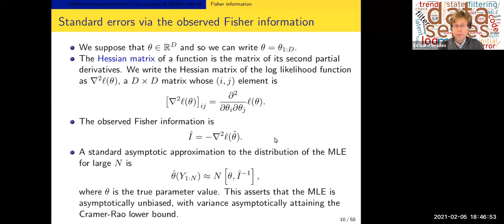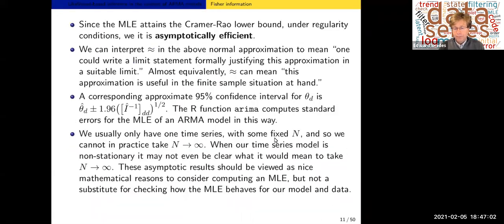So the MLE is approximately unbiased with variance asymptotically attaining the Cramér-Rao lower bound, if you know what that is. There's this property that an unbiased estimator essentially can't have lower variance than the Cramér-Rao lower bound. That's why it's called the Cramér-Rao lower bound. And estimators that have this property are called asymptotically efficient. We say it's asymptotically efficient.